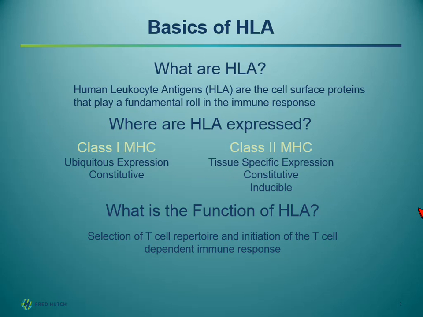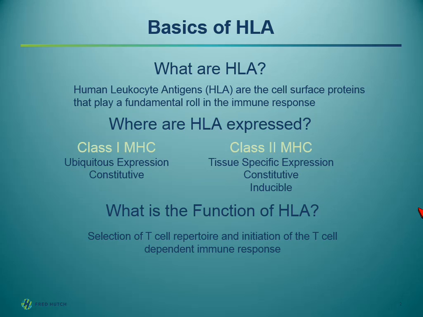So, basics of HLA. What is HLA? Human leukocyte antigens. I actually talked to a fellow group and I said, somebody tell me what HLA means, and they all looked at each other. It's kind of funny. Keep in mind that HLA class 1 and class 2 genes are expressed differently in different cells in the body.